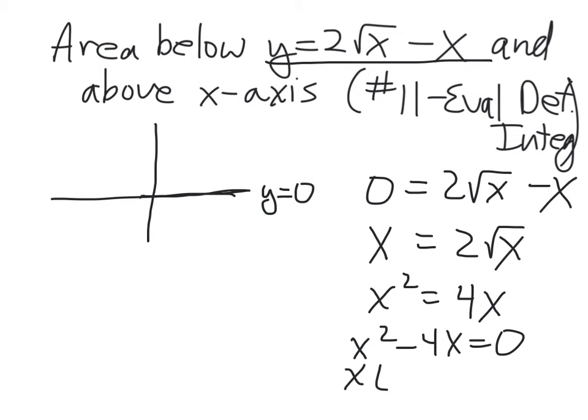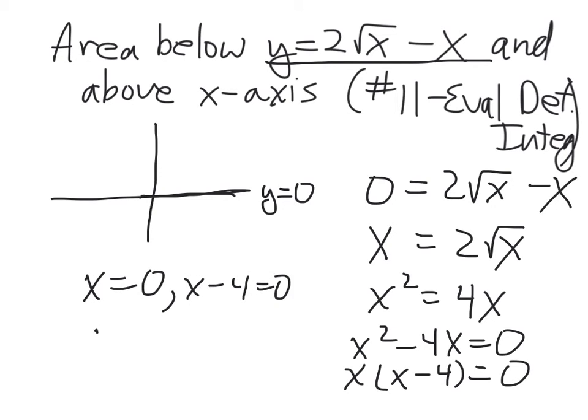I think you can kind of see where we're heading already now. So x equals 0 and x minus 4 equals 0. So our interval, as we look at the graph of this, when x is 0, y is going to be 0, and when x is 4, y is going to be 0.